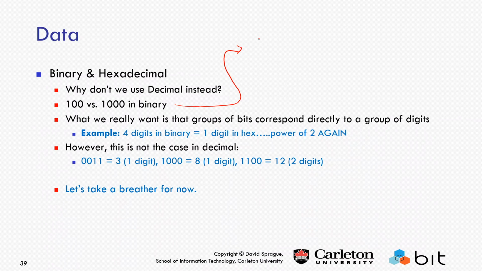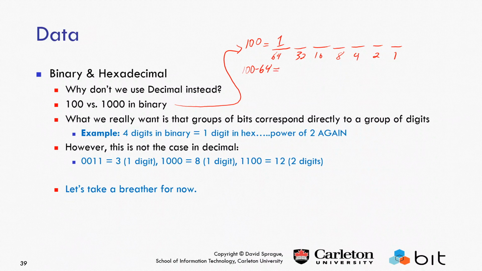So let's do this. 100 in decimal is going to be equal to 64, 32, 16, just to show you this again, 8, 4, 2, 1. I know I have 64 in there. I'm going to take away that 64 from 100. What does that give me?